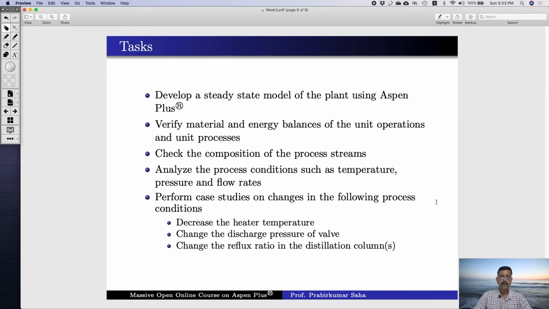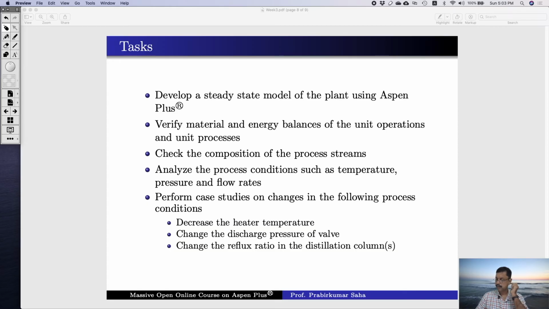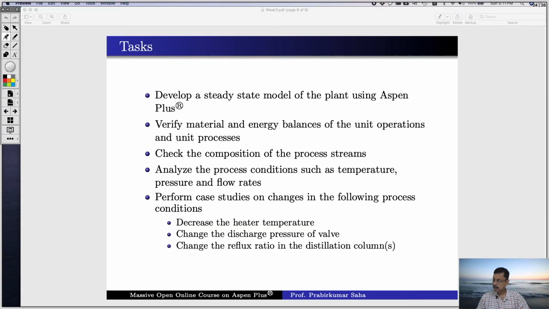Now, we have developed a steady state model of the plant. We have verified the material energy balance of the unit operation and unit processes. We have checked the composition of the process streams. We have analyzed the process conditions such as temperature, pressure and flow rates.